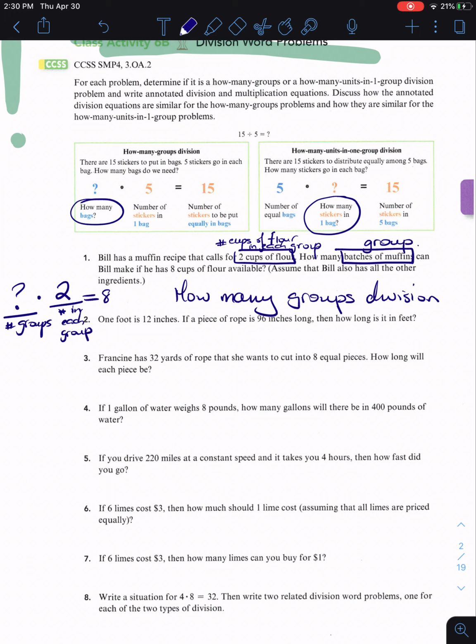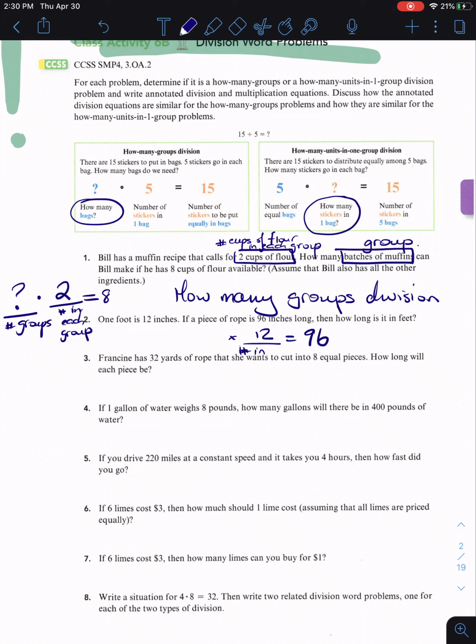How about number 2? 1 foot is 12 inches. If a piece of rope is 96 inches long, then how long is it in feet? So it's 96 inches long, and 1 foot is 12 inches. Let me rewrite this. 96 inches long, that's the total. And 1 foot is 12 inches, so each foot has 12 inches.